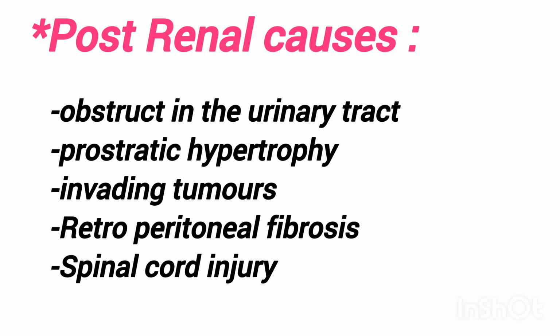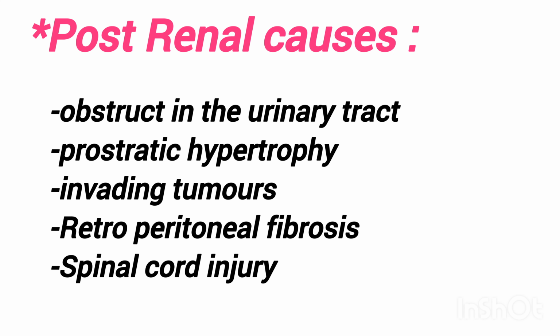Here they have given causes like obstruction in the urinary tract, prostatic hypertrophy, which is swelling of the prostatic gland, invading tumors, presence of tumors below the kidney, retroperitoneal fibrosis, if there is any fibrosis in the retroperitoneal area of the kidney, and spinal cord injury.